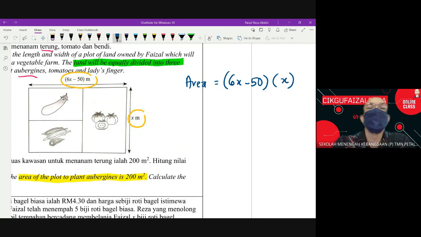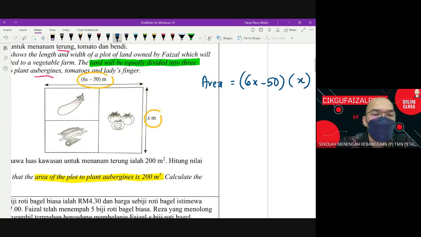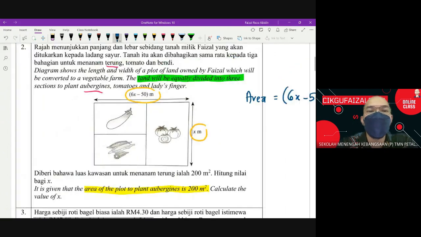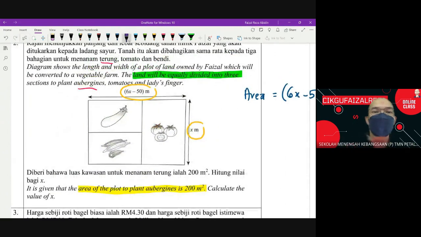And what area do we have here? 200 only, isn't it? We know that our aubergines over here is 200. Every area here must be the same, so this one is also 200.